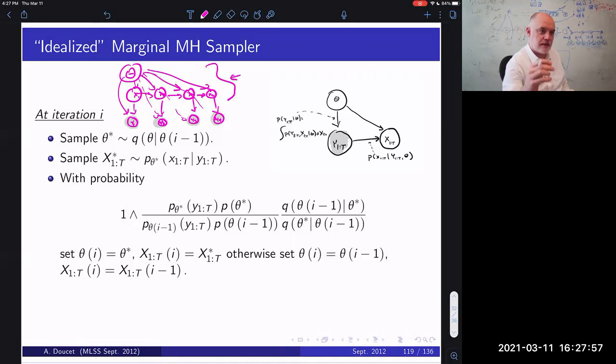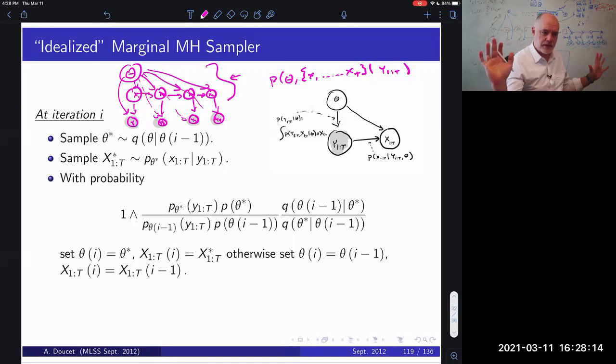So you'd like to get the joint posterior distribution. So you're interested in P of theta, x1 to t given y1 to t. So those are all the latent variables, and we'd like to get the posterior distribution of all of those.